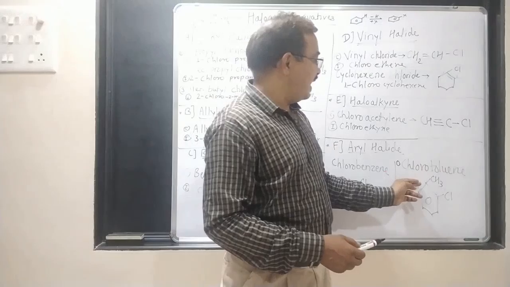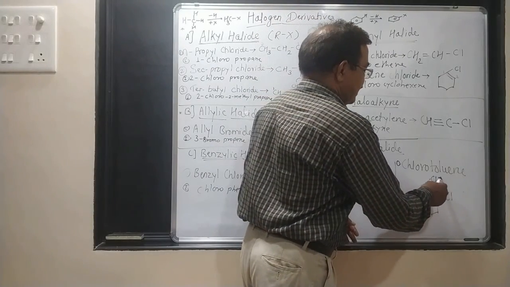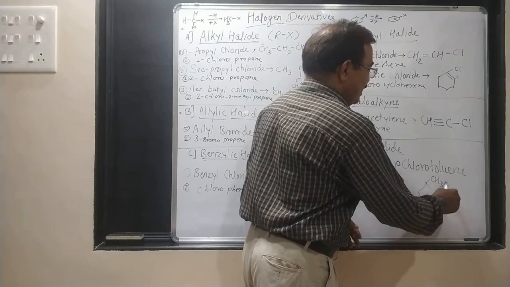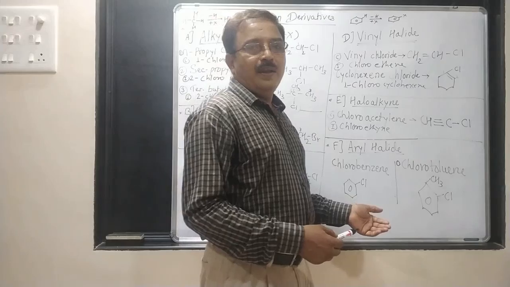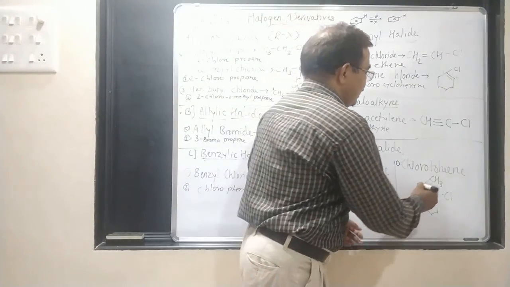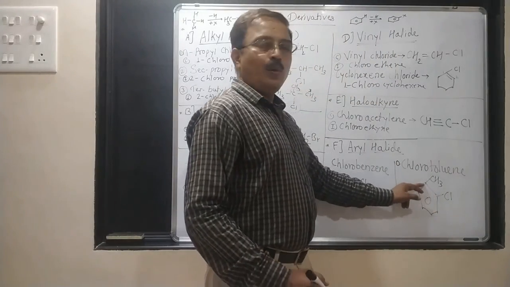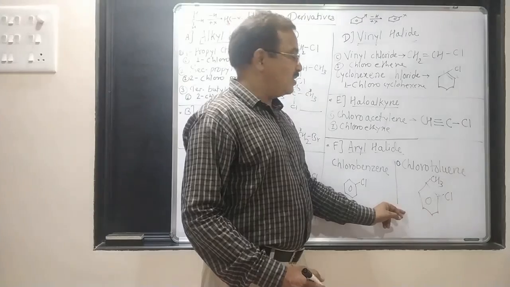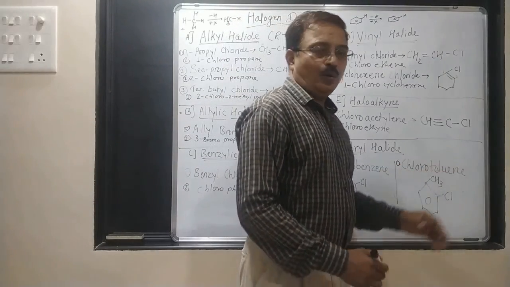Another example, let us try to understand, this compound will be called a toluene. So this toluene can be used as a common name as well as in the IUPAC name. So that we can give the numbering 1 and 2. So 2-chlorotoluene will be the IUPAC name, and the common name will be orthochlorotoluene.